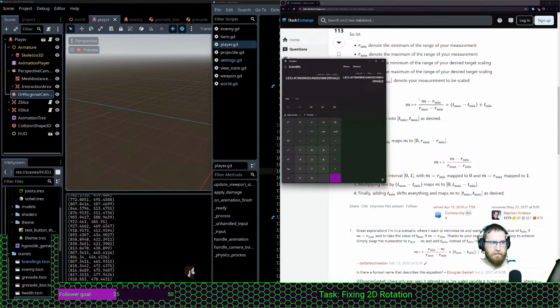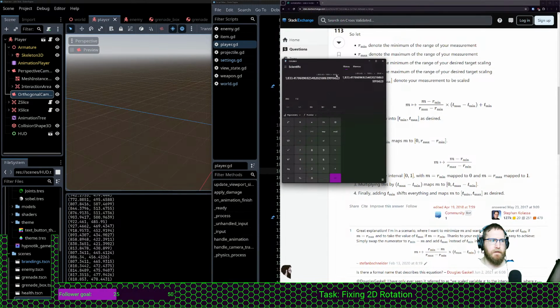And that gives you the new scale. So I could scale the mouse to be within whatever screen resolution they have selected.